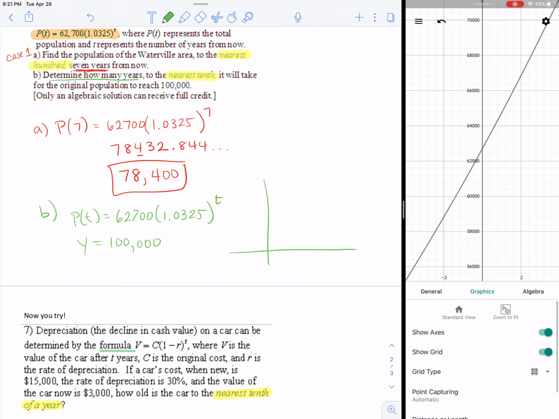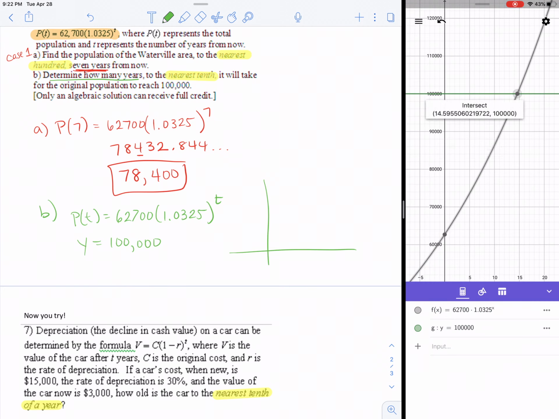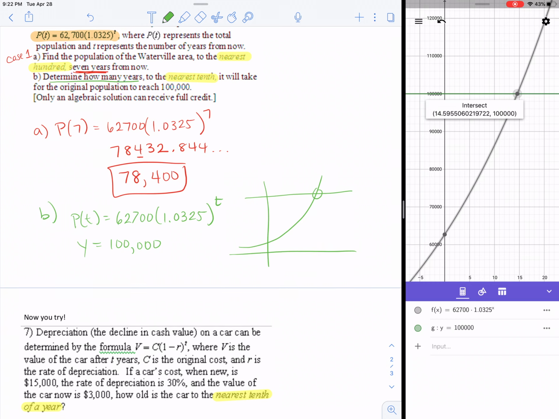And now I'm going to zoom to fit again. And here I get the point of intersection. And it wants to the nearest tenth. So here I could put a little sketch to show, actually, and I'll put the answer there because that's what I want to see for your explanation and your work.